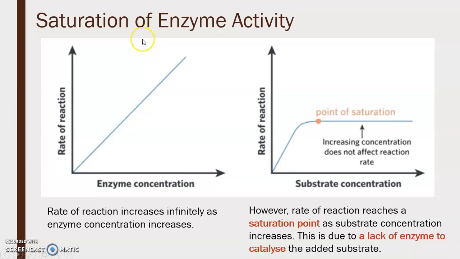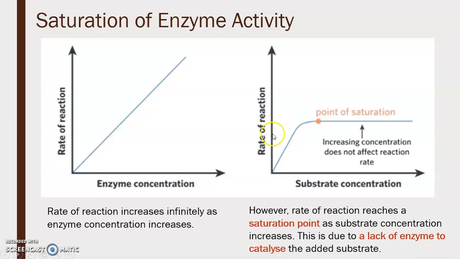Lastly, let's look at saturation of enzyme activity. So first of all, when enzyme concentration increases, the rate of reaction obviously increases with it because, well, more enzymes, more catalysts, then the reaction goes faster, and it increases indefinitely as the enzyme concentration increases.